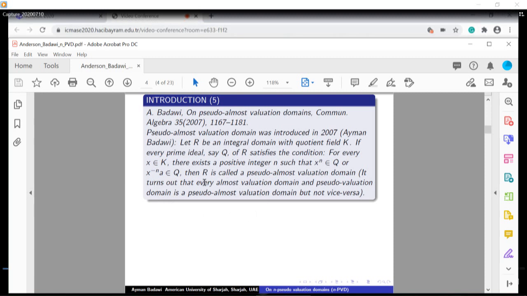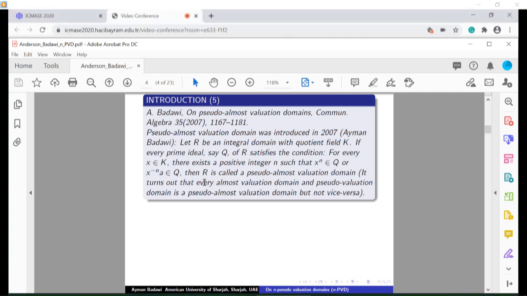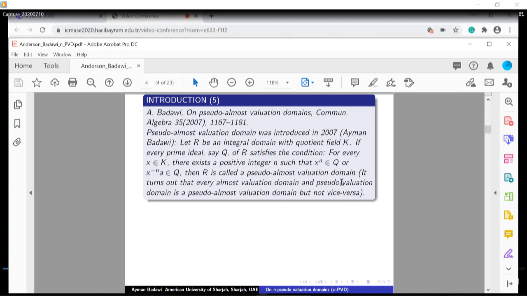And as I told you, it turns out by definition, if you remember the definition of almost valuation domain, then clearly an almost valuation domain is a pseudo almost valuation domain. What I said here, and in fact correct what I wrote: every almost valuation domain and pseudo valuation domain is a pseudo almost valuation domain.